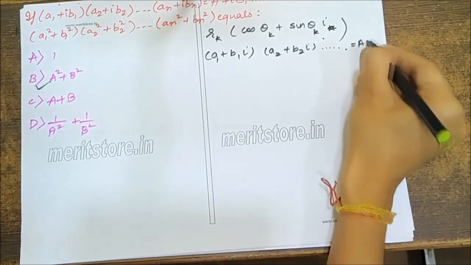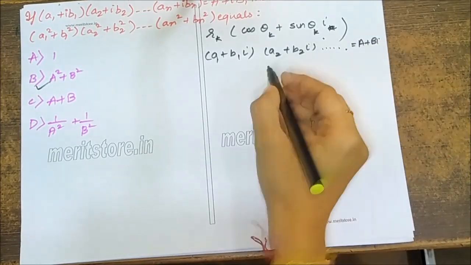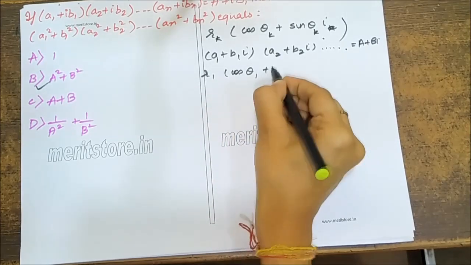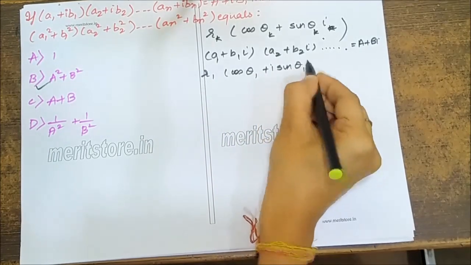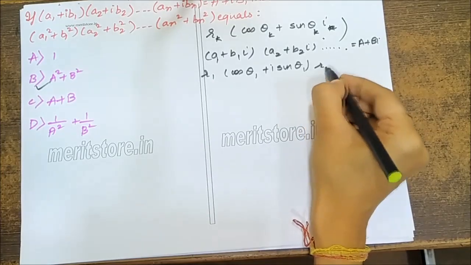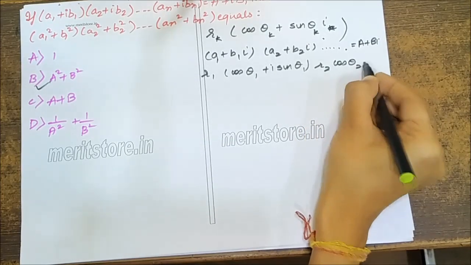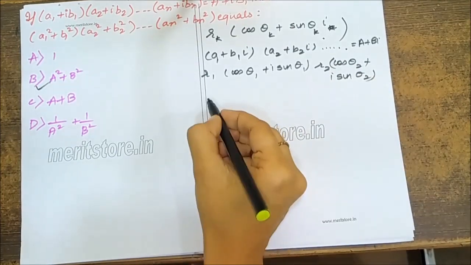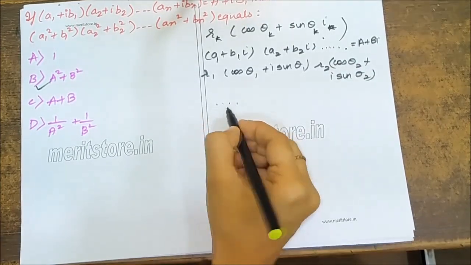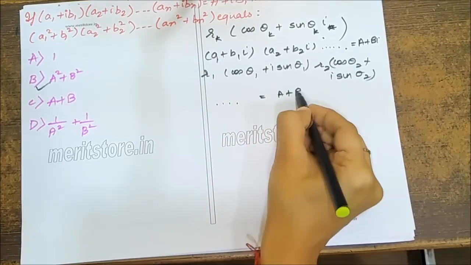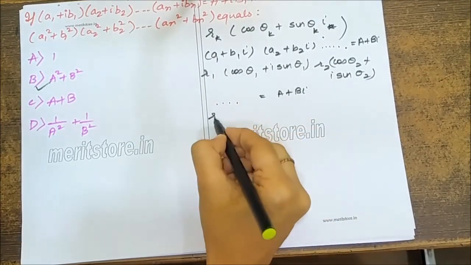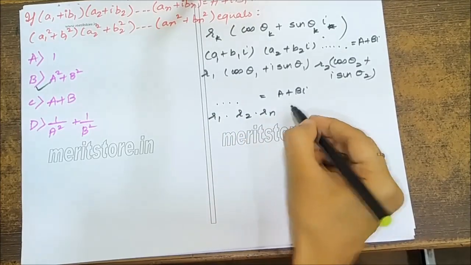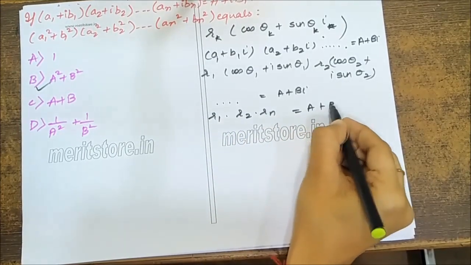So a1 plus b1 i, a2 plus b2 i, till the extent, equal to a plus bi. So r1 cos theta 1 plus i sin theta 1, r2 cos theta 2 plus i sin theta 2, and so on, that is equal to a plus bi. So r1 r2 till rn, you will get a plus bi.